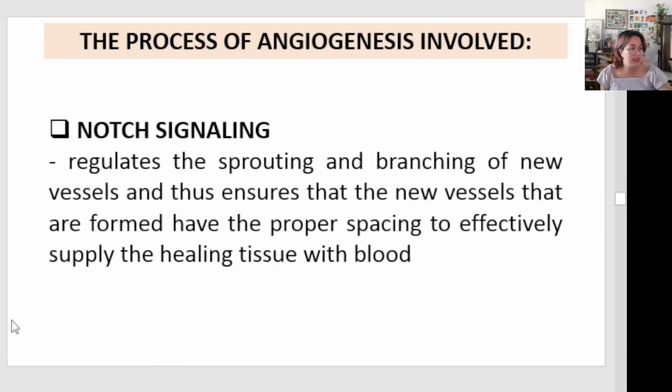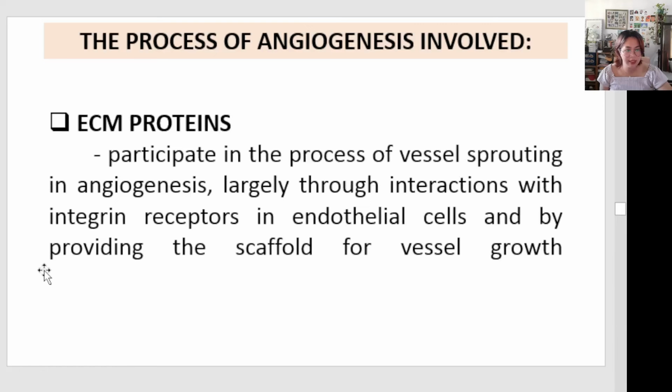So in Notch signaling, through the crosstalk with VEGF, this pathway regulates the sprouting and branching of new vessels and thus ensures that the new vessels that are formed have the proper spacing to effectively supply the healing tissue with blood.